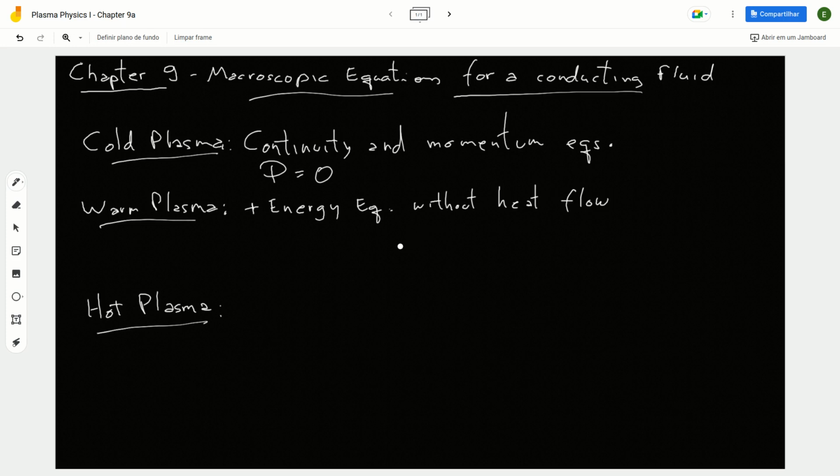So in this case, there is no energy flow. It's still valid if you have phase velocities much larger than thermal velocities in your systems, but it's a much better approximation than the cold plasma approximation. This is called adiabatic approximation.